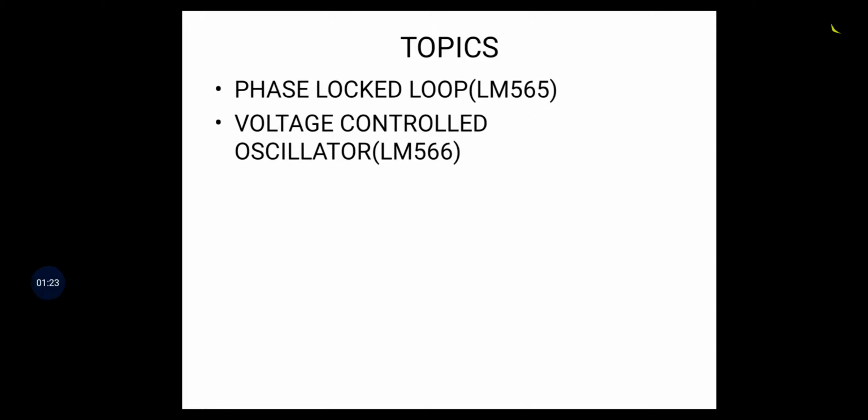What is meant by voltage control oscillator? In a voltage control oscillator, the output frequency is controlled by the input voltage of the circuit. The output frequency depends on voltage. That's why it is called voltage controlled oscillator.